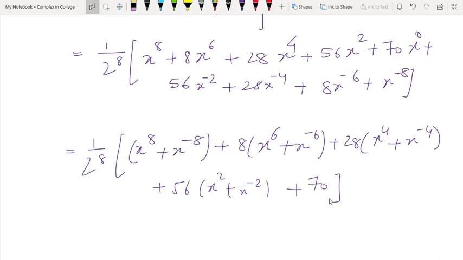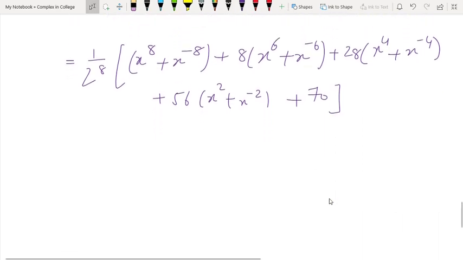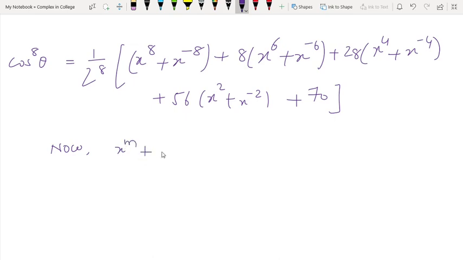Okay. Now what next? This is nothing but cos raised to 8 theta. Now you have put a result at the beginning of the solution, that x raised to m plus x raised to minus m is equal to 2 cos m theta.